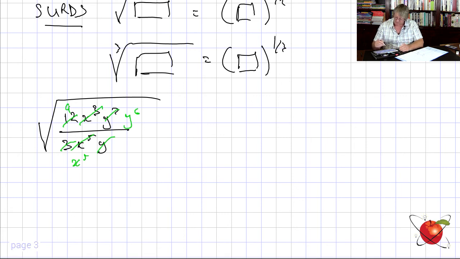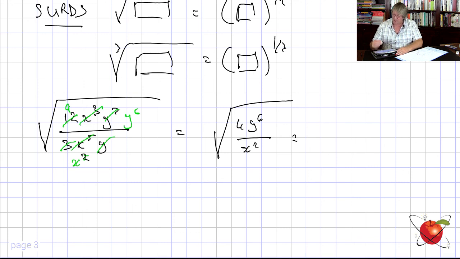So we've simplified already. That is the square root of 4y to the 6 over x to the power of 2. My bad, it's an x squared. Then we change that now to an exponent.